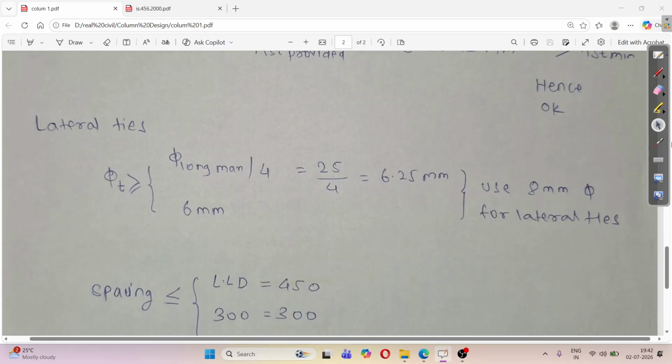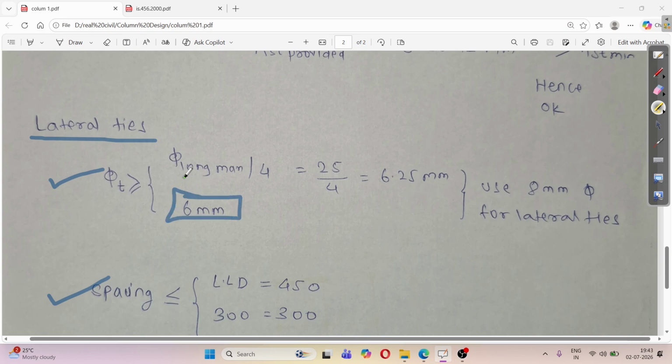Now next is the clause related to the lateral ties. That means horizontal steel, lateral steel. There are two things. First thing is deciding the diameter of the lateral ties, and second thing is deciding the spacing. To decide the diameter, there are two conditions. First one, minimum 6 mm, or the maximum longitudinal bar diameter divided by 4.